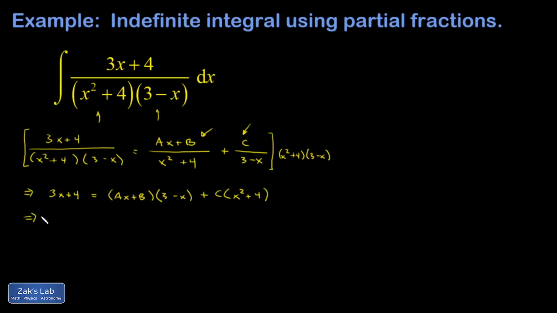So I'm going to go ahead and handle this one by collecting all the like terms on the right-hand side. So I want all the coefficients of x squared, all the coefficients of x, and all the constants separated out. And from this first product, I'm going to have an ax times a negative x, which gives me a negative ax squared. And in the second piece is c times x squared. So I have c minus a times x squared. Then I get my linear piece.